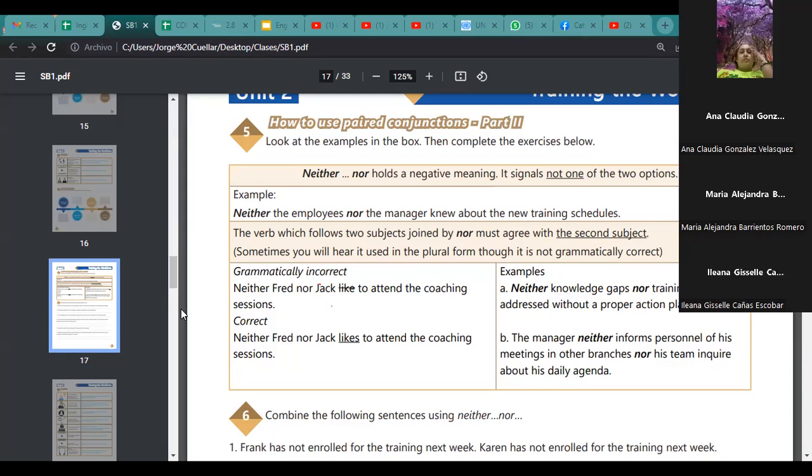The other one says: the manager neither informs personnel of his meeting in other branches nor his team inquire about his daily agenda. I guess this is something that you did before, and this is just reinforcement of the things that we have to do. In the platform, there are some exercises. Yesterday, we stayed with Ana Claudia checking some of those.